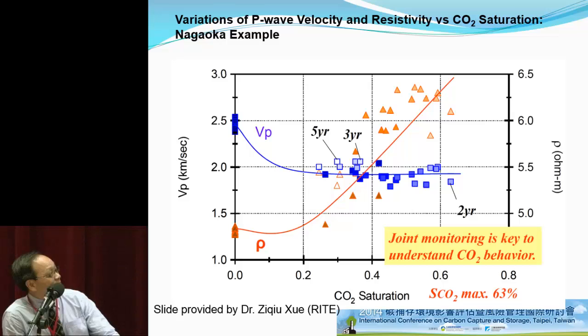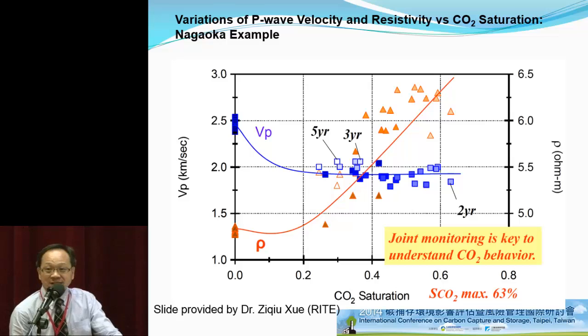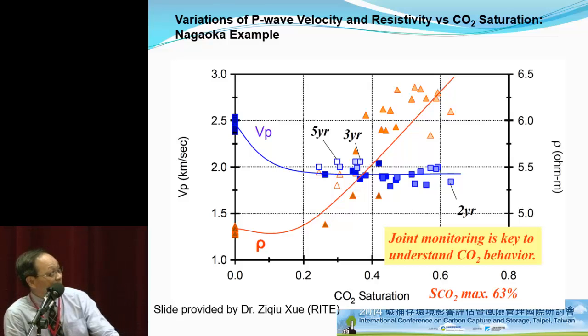For VP, we use seismic methods to detect where the CO2 plume migrates, or the distribution of CO2. But the limitation of VP is that it is useful only for low concentration, say less than 20%. If the concentration is between 20 and 60%, the change is very small, so VP is no use.